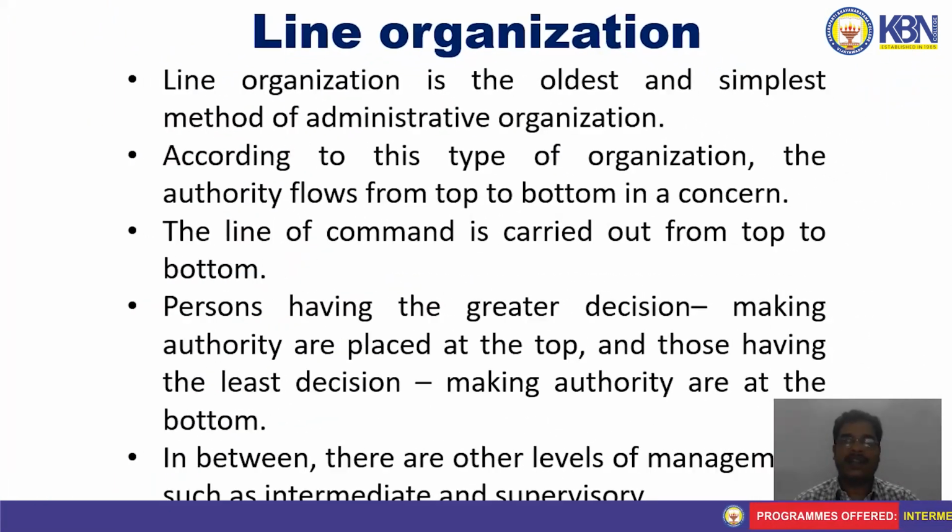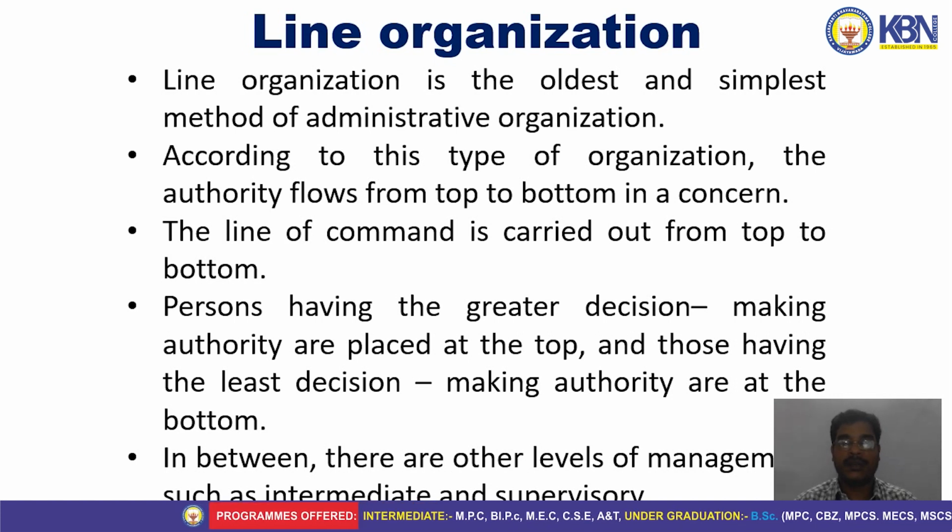So firstly, let me explain line organization. It is the oldest and simplest method of administrative organization, and in this organization the authority flows from top to bottom in a concern. Persons having the greater decision making authority are placed at the top, and those having the least decision making authority are at the bottom.